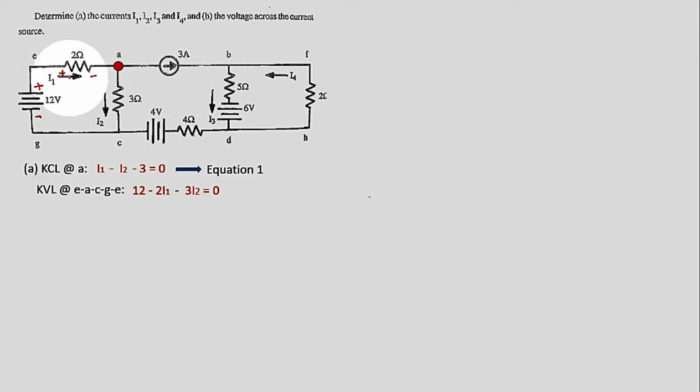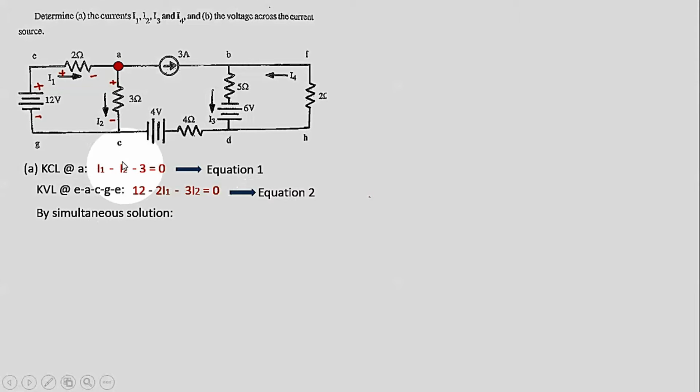So the voltage of this element, 2 times I sub 1, is actually a voltage drop, so that will be negative 2 I sub 1. Also with this one, this is positive and this is negative, so this is also a voltage drop if we are having our clockwise rotation. So that will be negative 3 I sub 2 and equal to 0. So this will be our equation 2.